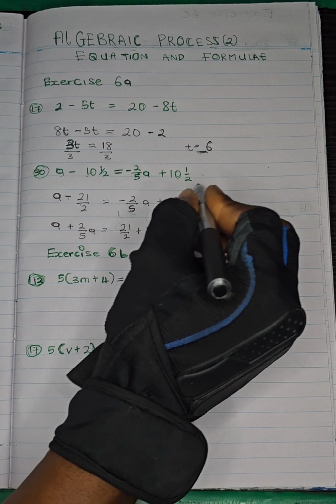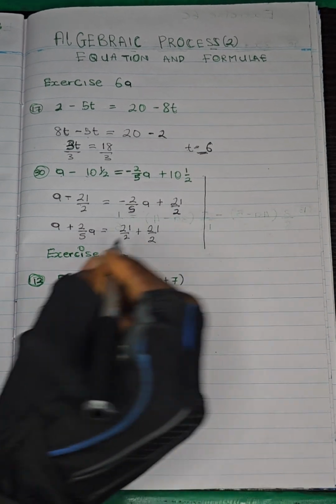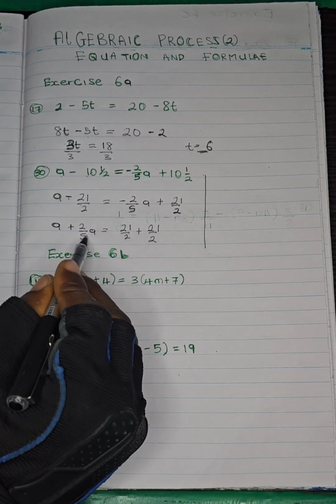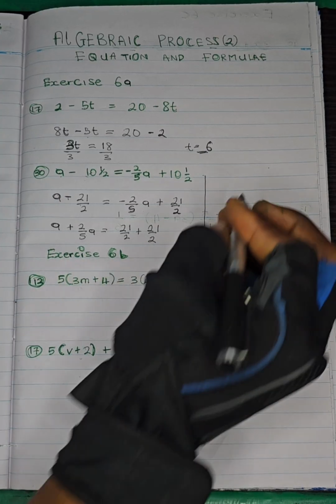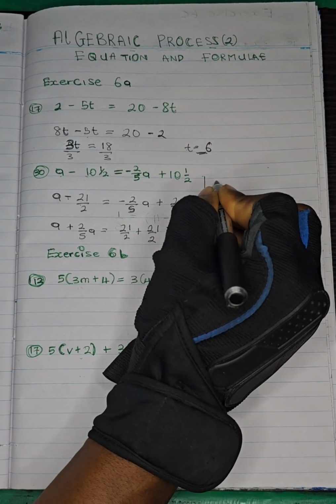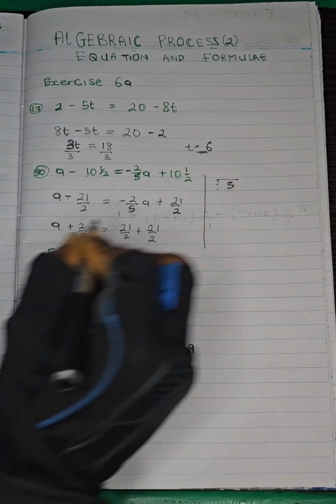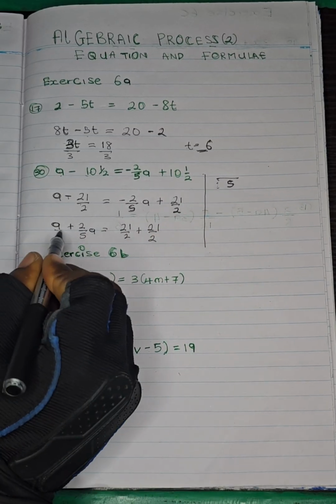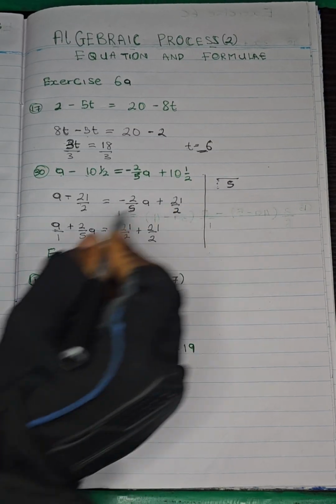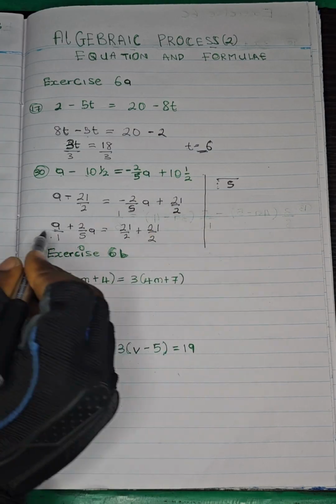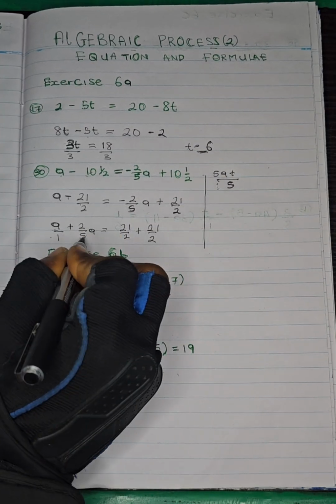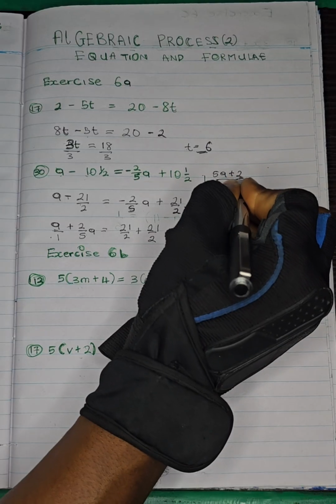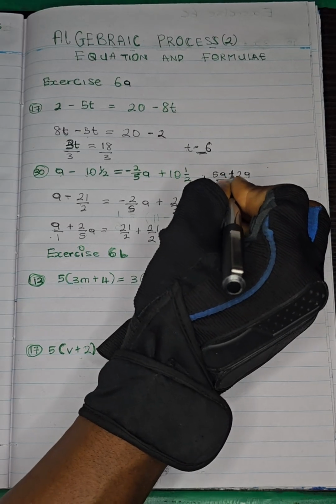So let's continue solving it here and draw a line. When you add this, how do you go? You first look for the numerator. You have 5 as the numerator. Here you can call this a over 1. So 5 divided by 1, you have 5. 5 times a, you have 5a plus 5 divided by 5, 1 times 2, you still have 2a.